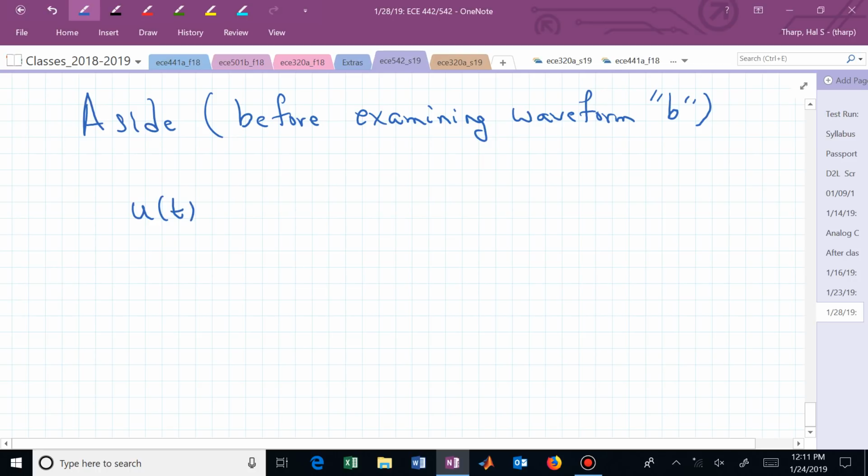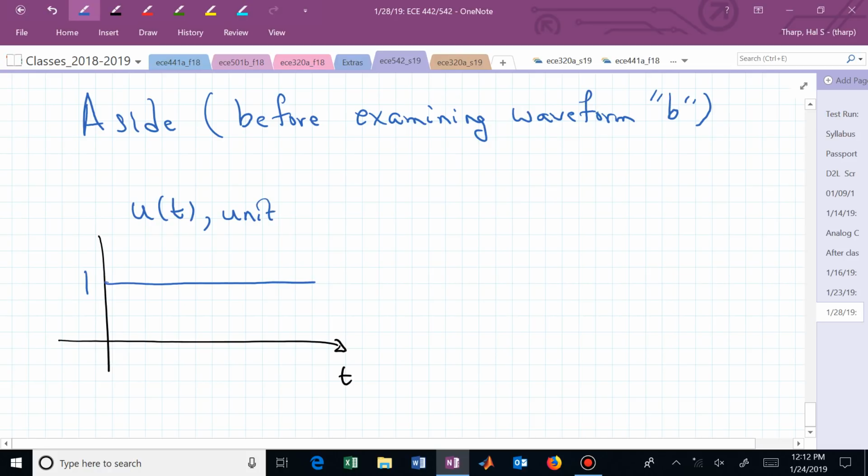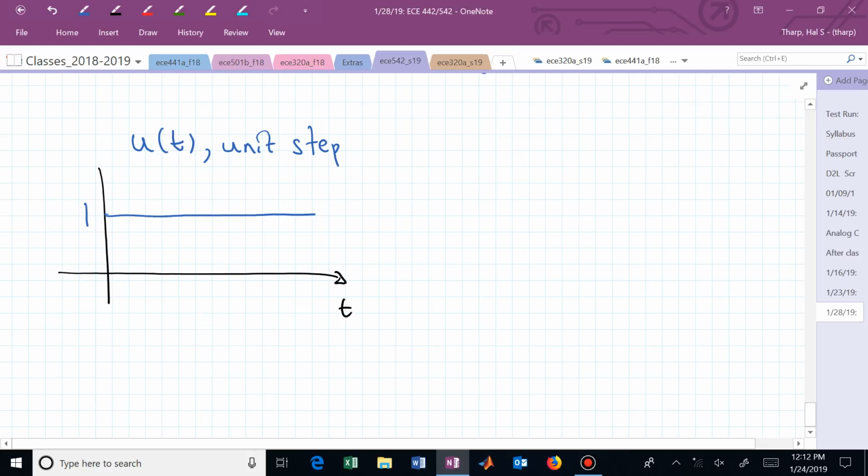Suppose we now look at u of t as the unit step. Here's time, and this is continuous time, we have a value of 1. Here is now our unit step, and this is the time domain.